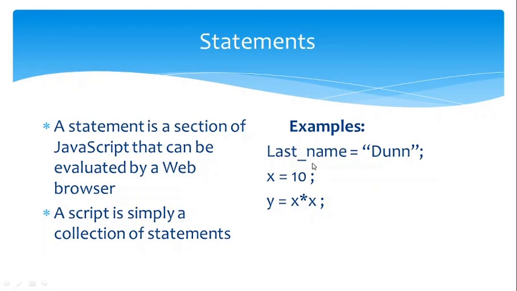So you can give the variable name. This is a variable name and this is a value. This is a variable name and this is a value. This is a variable name and this is a value. Okay, and all of these are considered statements, and every statement should end with a semicolon.